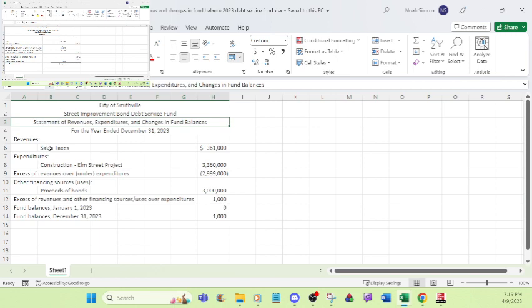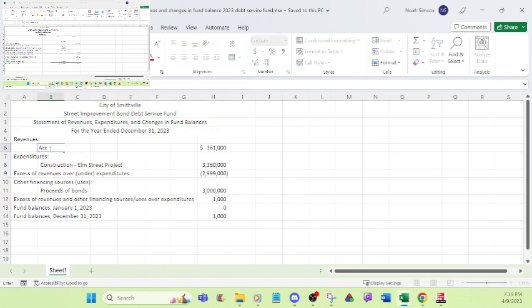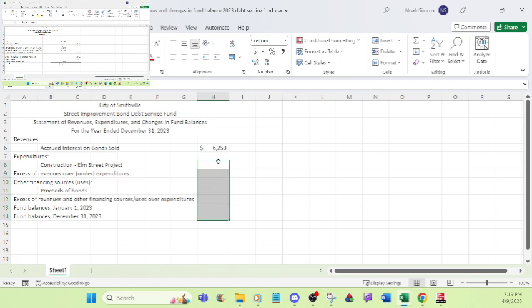It's going to be accrued interest on bonds sold, and it's going to be 6,250. Maybe we should just delete all the numbers here, because now it's being weird.